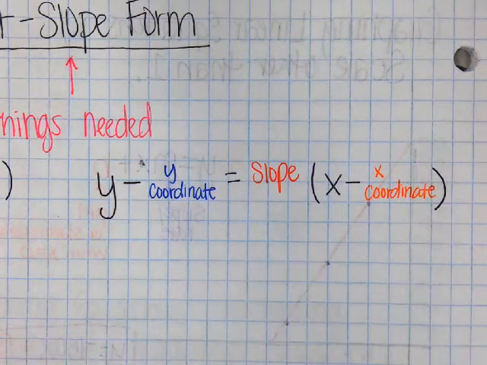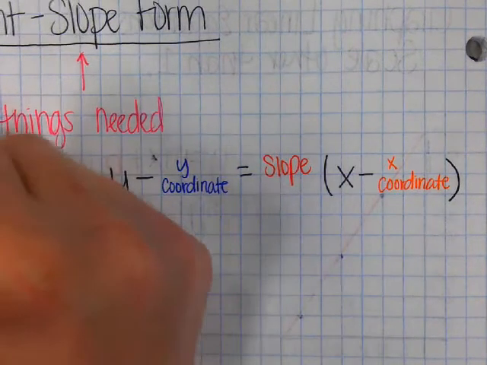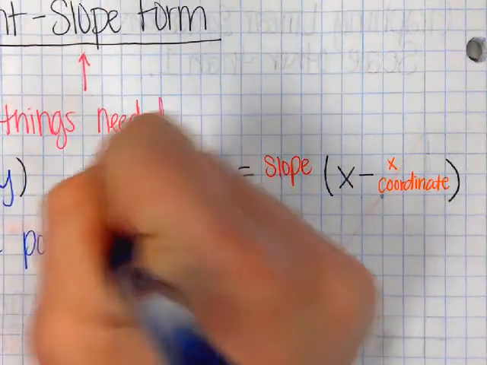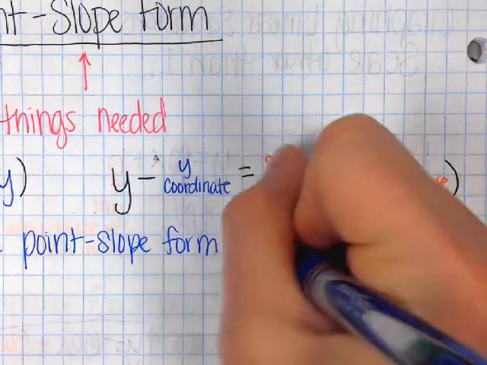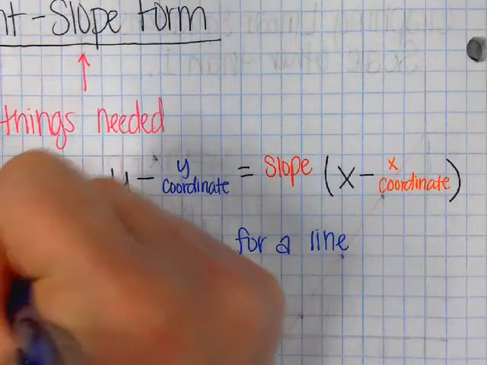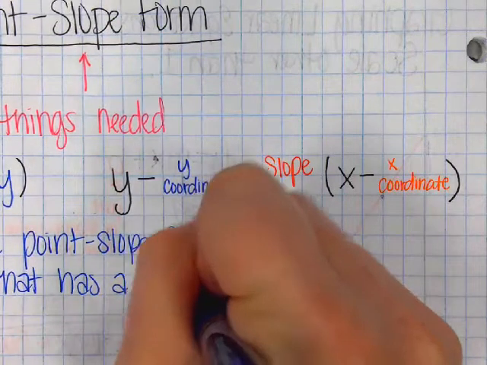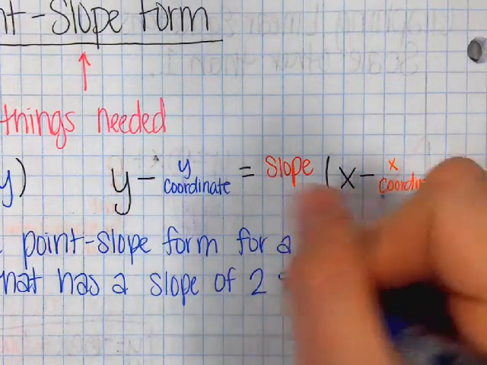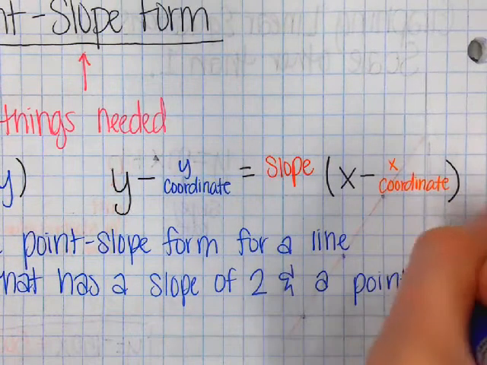So now, if I told you write the point slope form for a line that has a slope of 2 and a point at 1, 4.